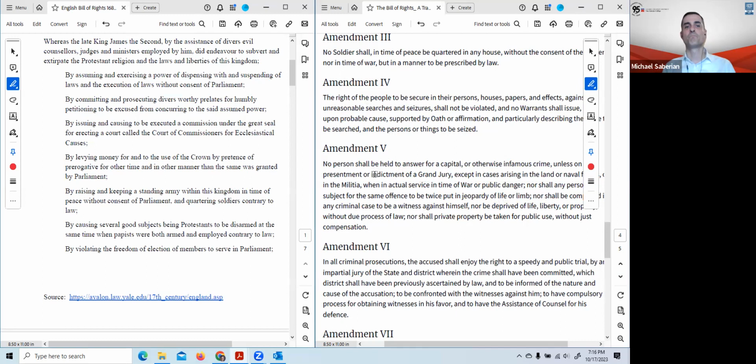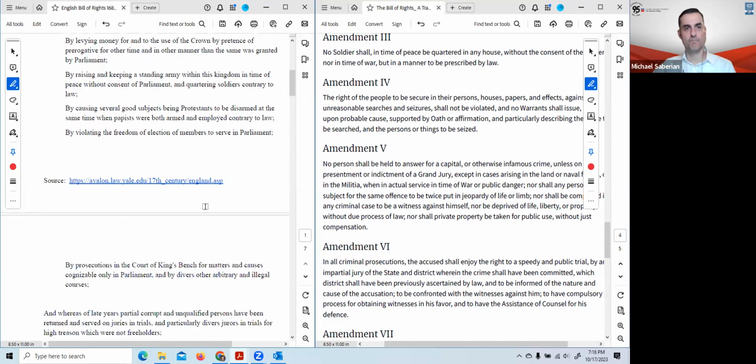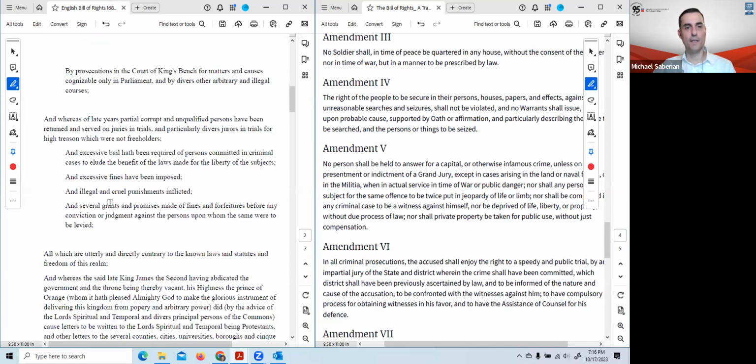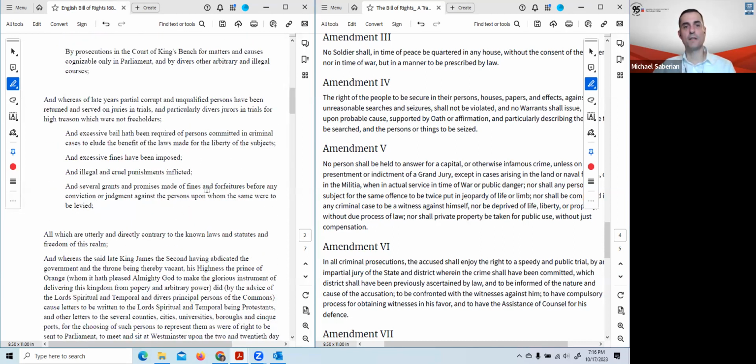The wording of this is similar but not identical to the several grants, fines, and forfeitures before conviction. This was one of the grievances levied against James II.